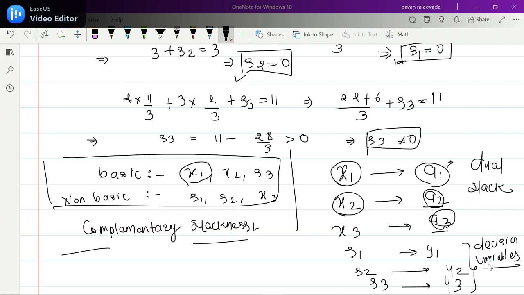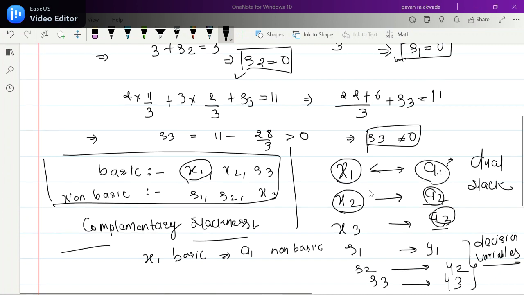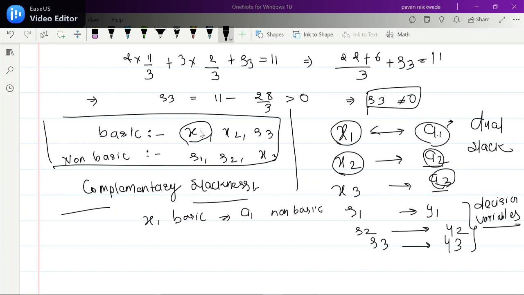So what complementary slackness says is, if x1 is basic, it implies A1 is non-basic. This is the relation. One is basic, the other is non-basic. That's a straight-away relation. Similarly, if A1 is basic in the dual, we can straight away say that x1 will be non-basic here. So what we got is these are basic.